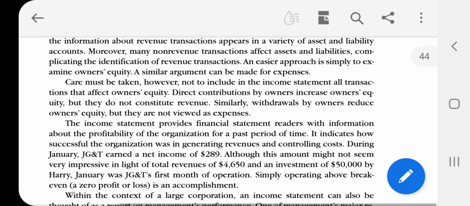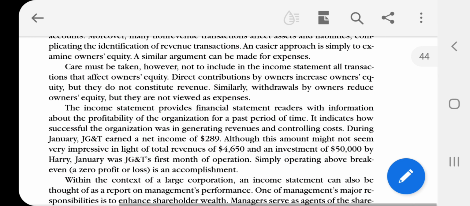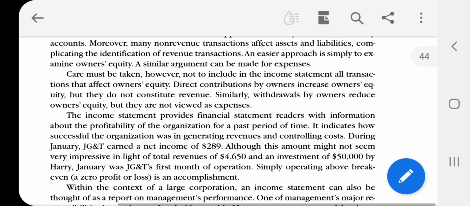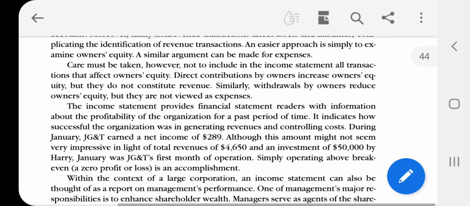Moreover, many non-revenue transactions affect assets and liabilities, complicating the identification of revenue transactions. An easy approach is simply to examine owner's equity. A similar argument can be made for expenses.